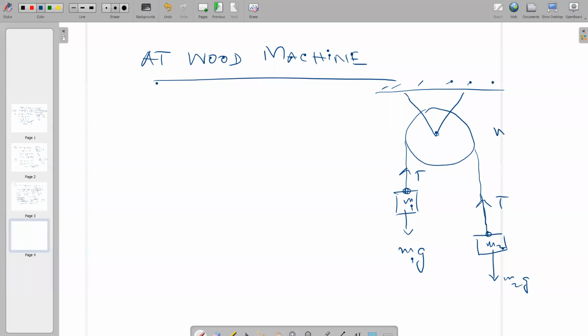If M2 is greater than M1, then this will go down with acceleration a, and this will go up with acceleration a. They have the same acceleration because both bodies are connected with the same string or rope.